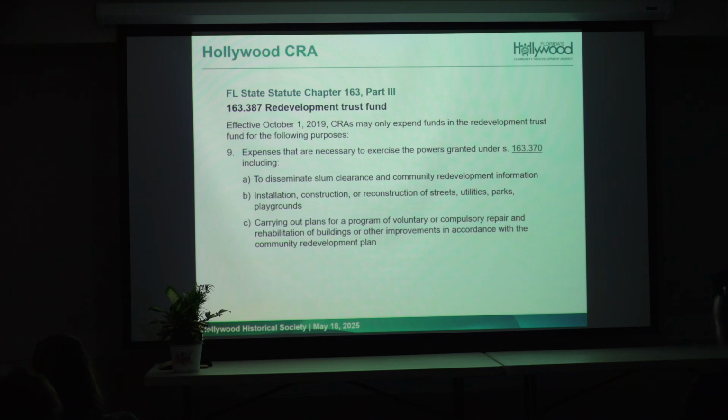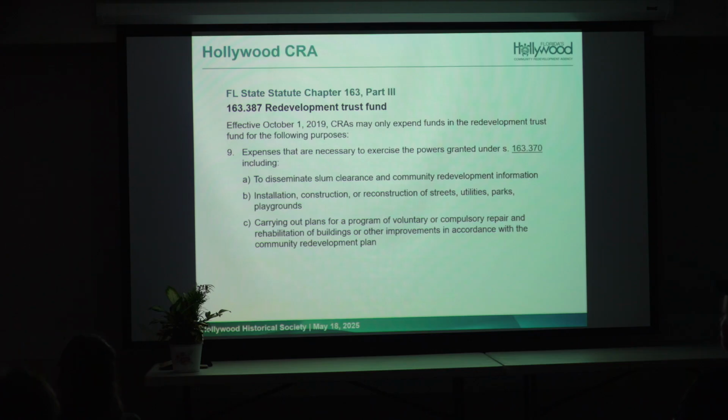The reason I extracted these is because for many years, the CRA had been paying for many things that did not fall into the first 8: advertising, special events, a lot of marketing.